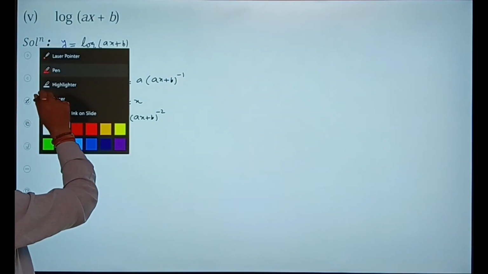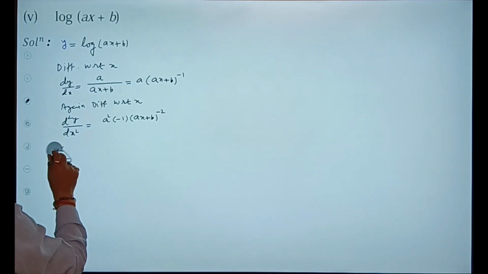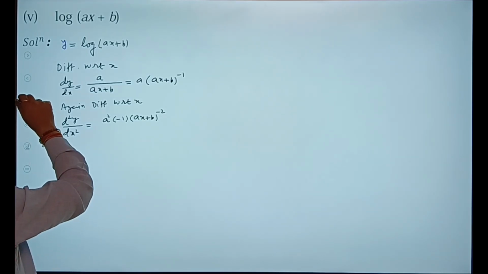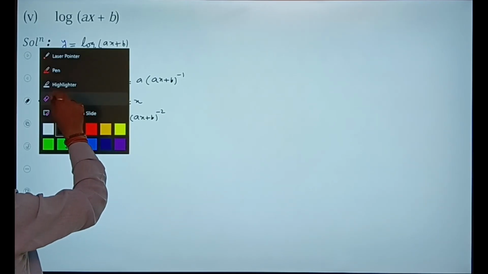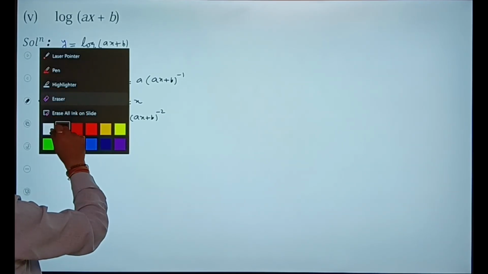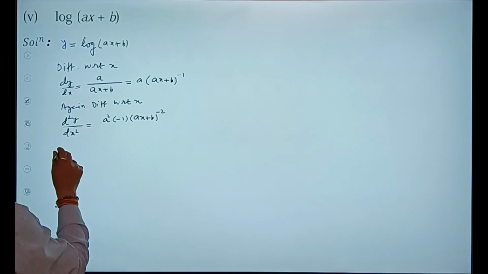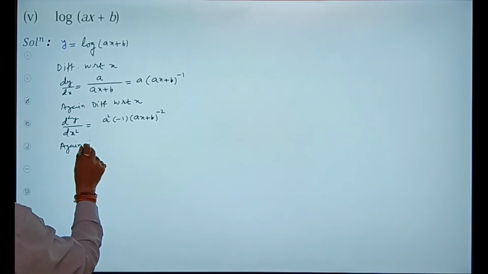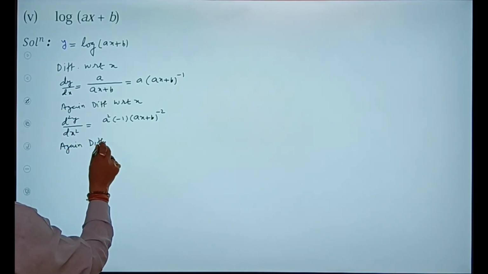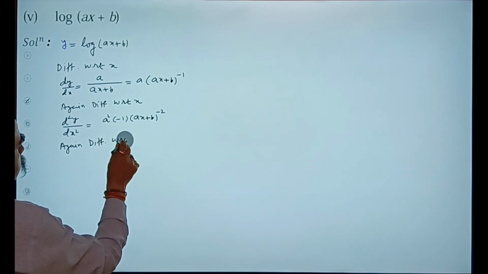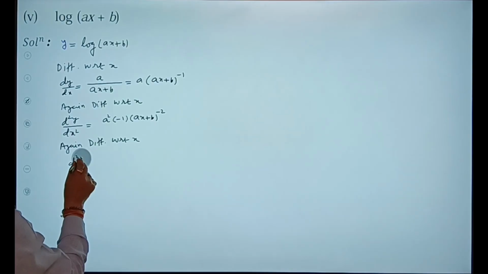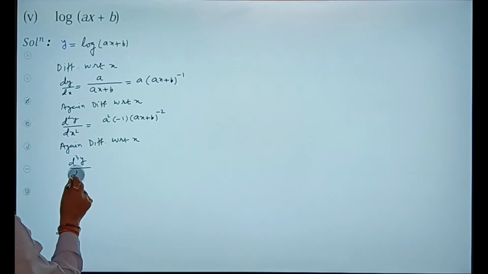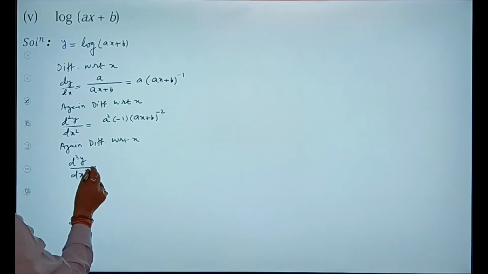Again differentiating with respect to x. So d3y by dx cube is what?